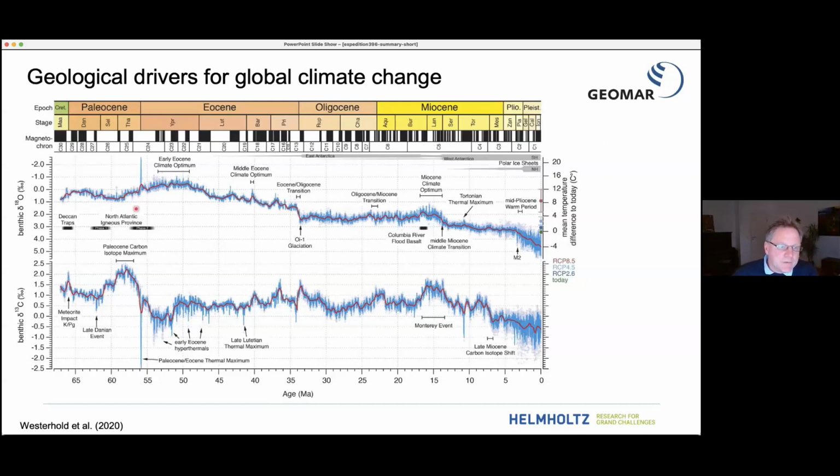This is really what we wanted to find out: is there a link between the volcanism and this global warming?